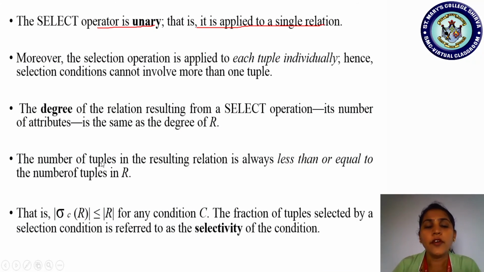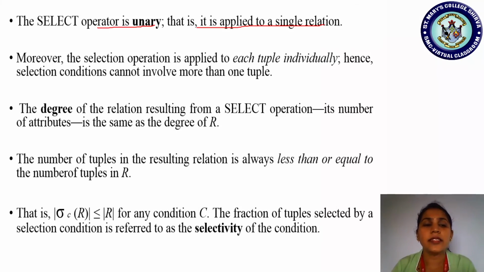Okay. The number of tuples in the resulting relation is always less than or equal to the number of tuples in R. So if any condition is given, like just now what I told, the student whose grade point average should be greater than 2.5, when we analyzed all the tuples, all 5 tuples satisfied the condition, which means it is going to display all the 5 records, right?